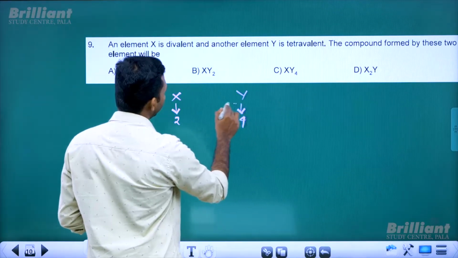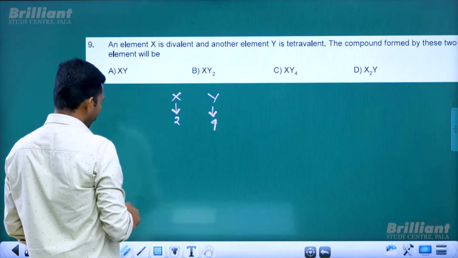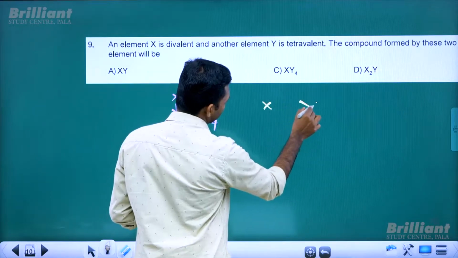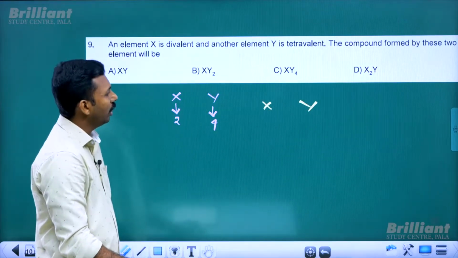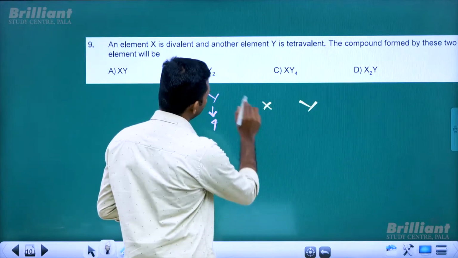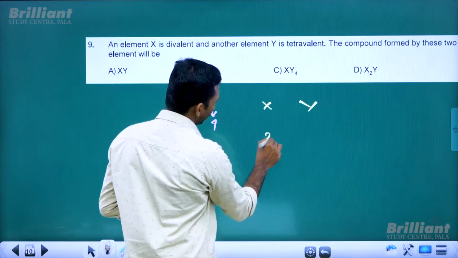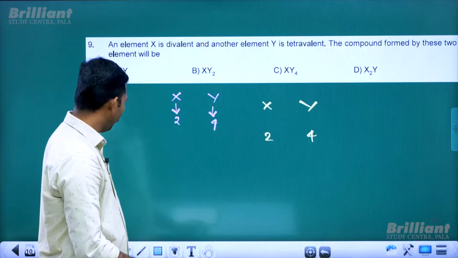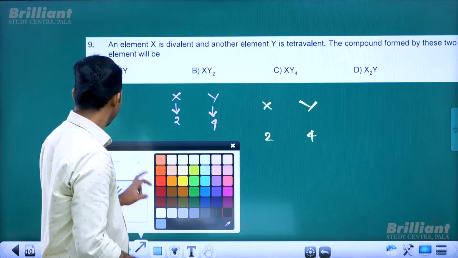We will first write the symbols of the elements X and Y, and then write their corresponding oxidation states or valency. Here it is 2 for X and 4 for Y. Then we will cross these valencies.